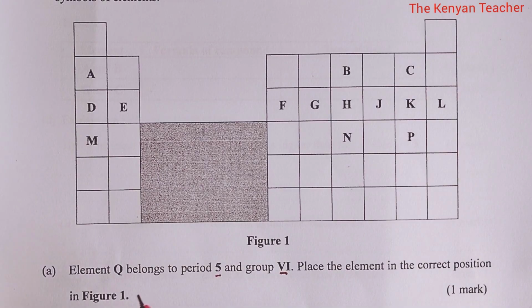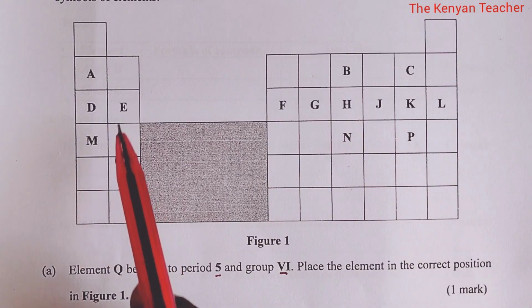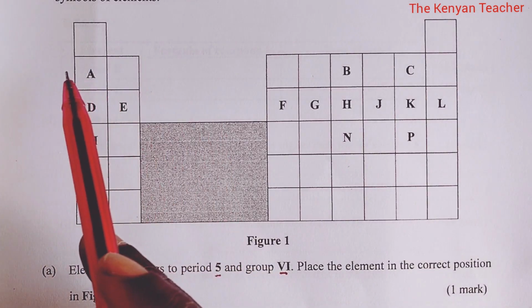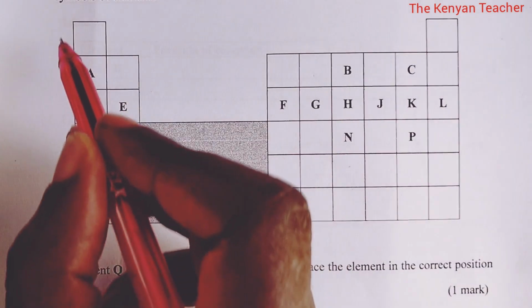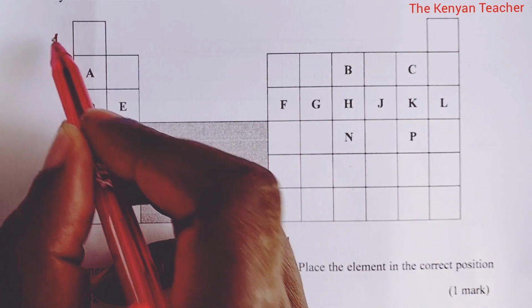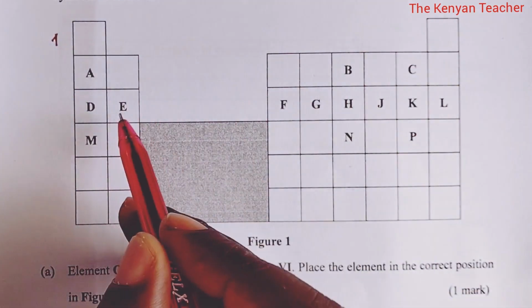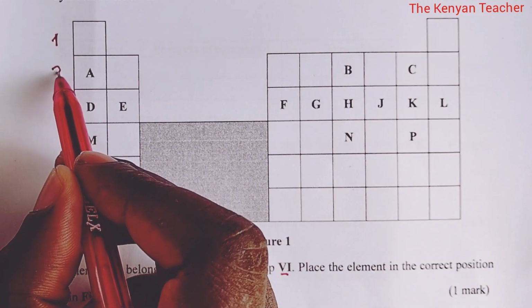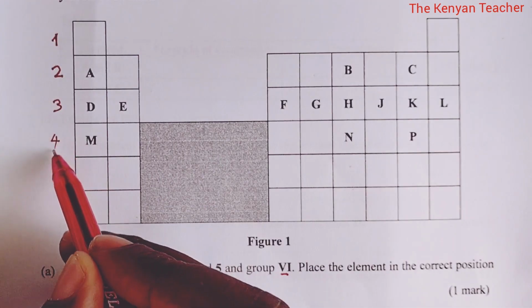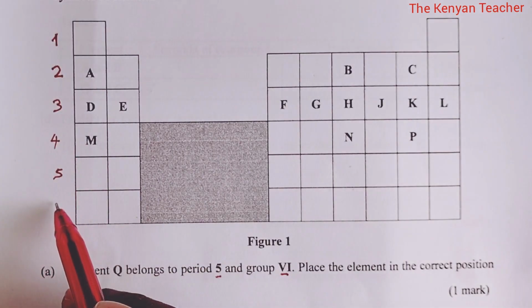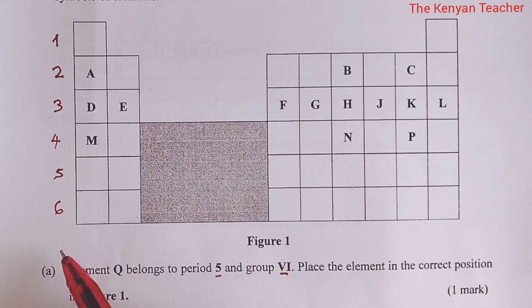So dear candidate, we know very well that the grid that represents the periodic table is made of horizontal rows that we call periods. So here is period 1 that goes across, period 2, period 3, period 4, period 5, and a complete table has got 6 of such periods.